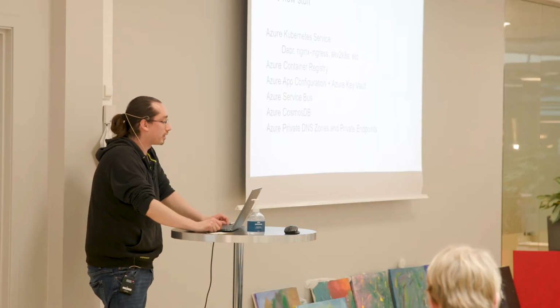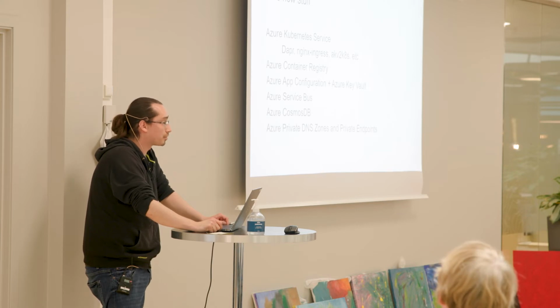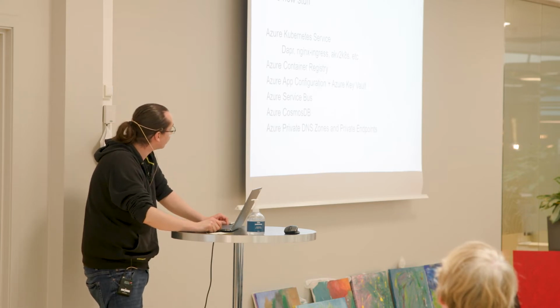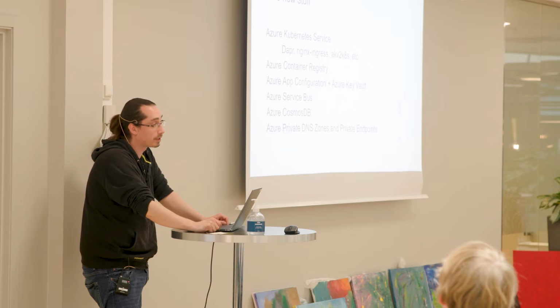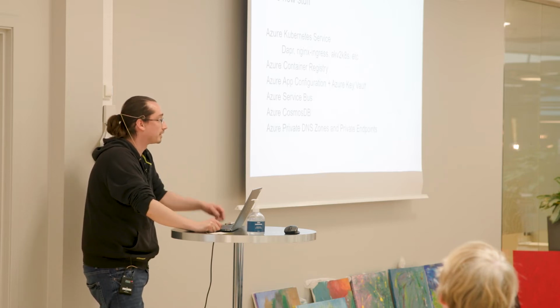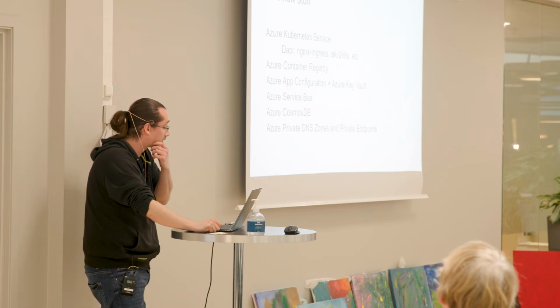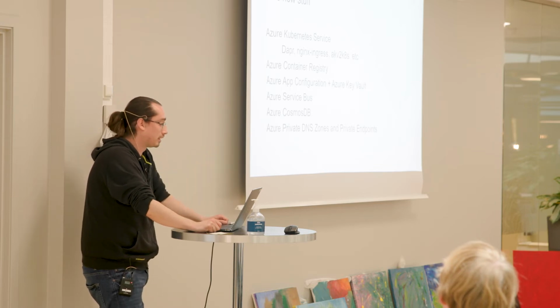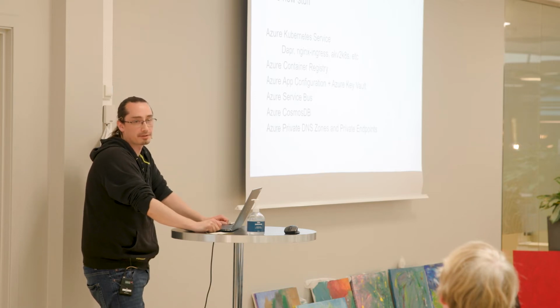We also use container registry in Azure to host images and Helm charts. We use something called Azure App Configuration for both deploy time and runtime configuration across our services, which obviously being an Azure project integrates quite nicely with Azure Key Vault, letting you just reference secrets in Key Vault and letting Key Vault itself handle things like authorization for those objects.